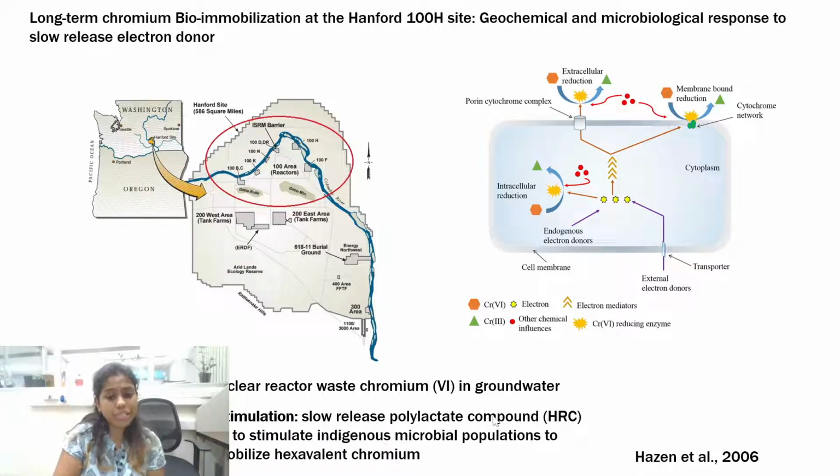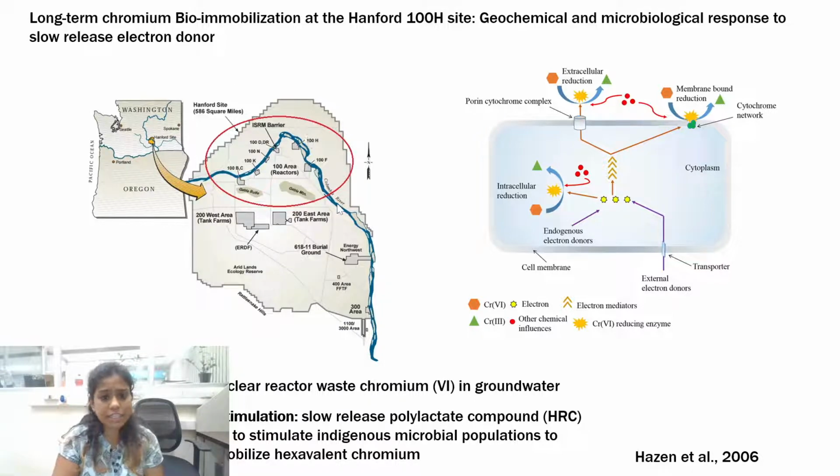For biostimulation, they added a slow-release compound called polylactate compound, HRC, and used it to stimulate the indigenous microbial populations in this water body. This region is situated in Washington, US, and they have a lake where Hanford is situated.